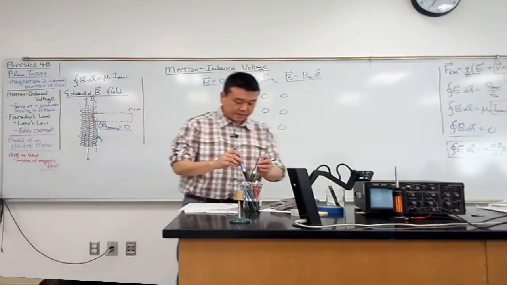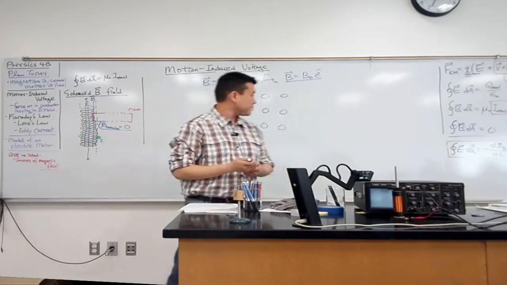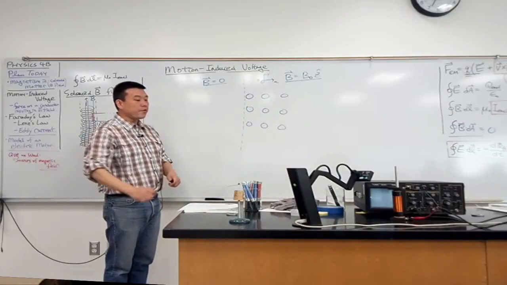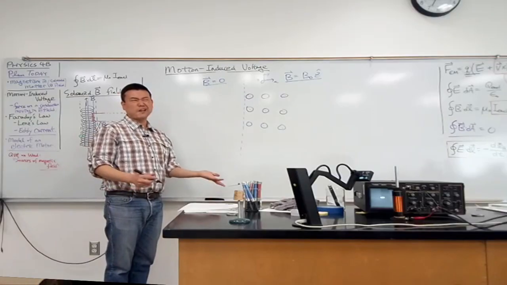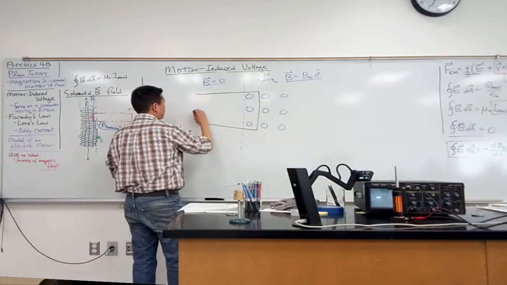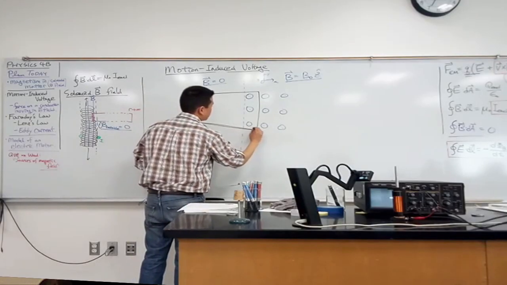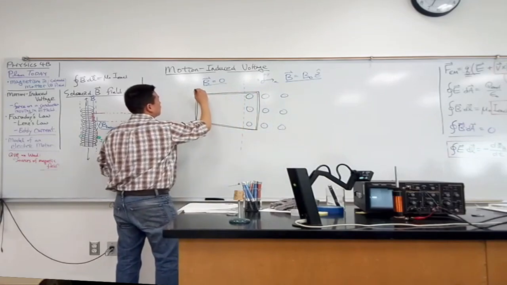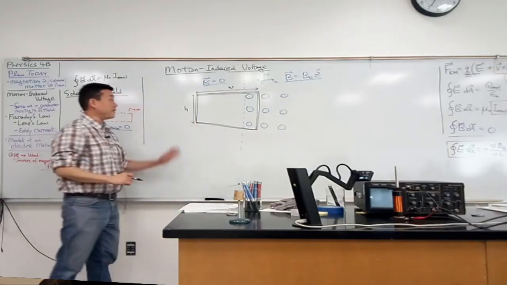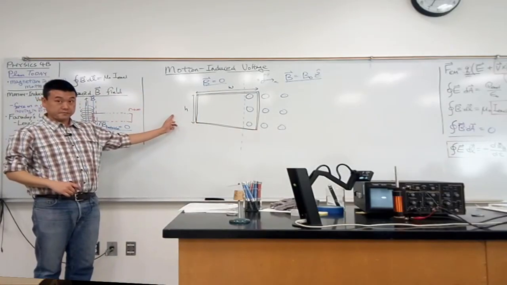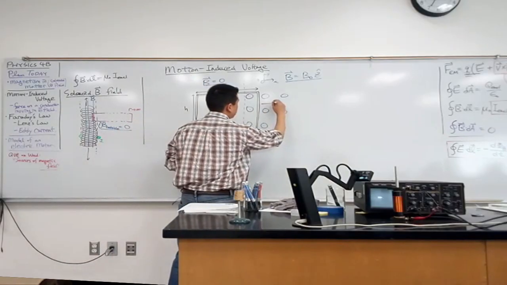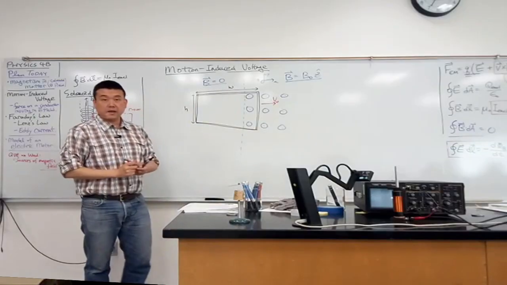This is what I want you to imagine. Imagine that I have a conducting loop, of square or rectangular shape, of some width W and some height H. This conducting loop is moving at some speed v0.